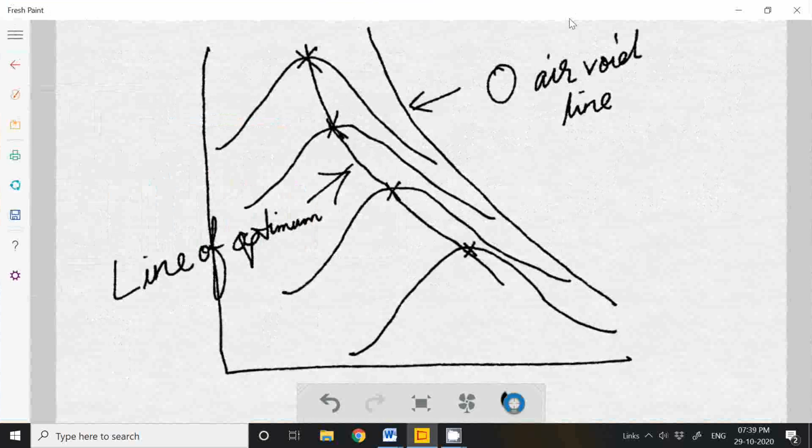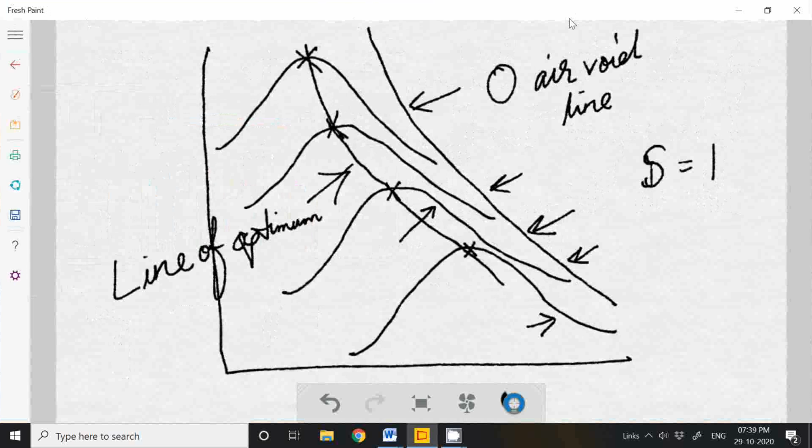No matter how much compaction we give these curves, these curves can never reach this zero air void line, because we cannot achieve S equal to 1 in real life.